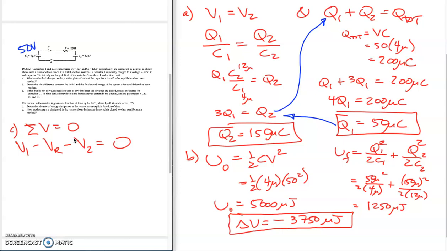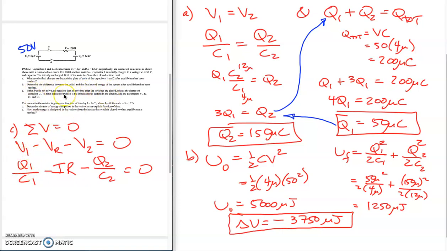All right, now V1 is going to be Q1 over C1. The voltage drop across a resistor is current times the resistance. The voltage drop across capacitor 2 is going to be Q2 over C2, equals 0. Now, Q2 is not allowed to be in there. Why not? It's not one of the givens.